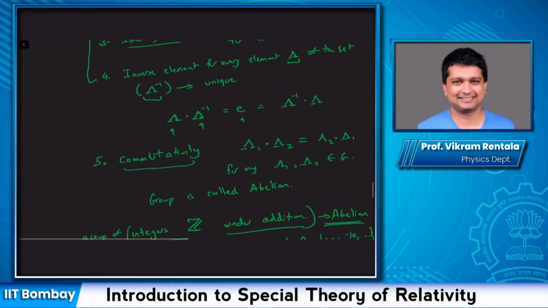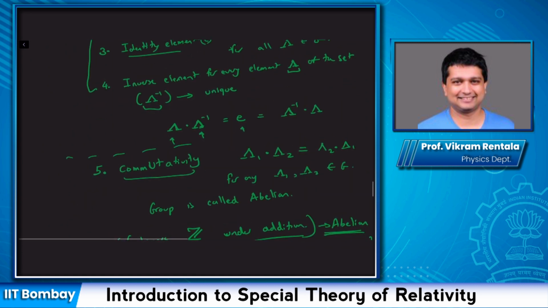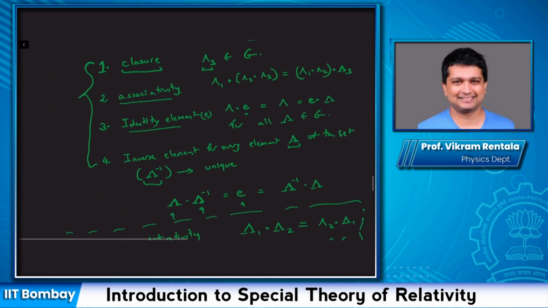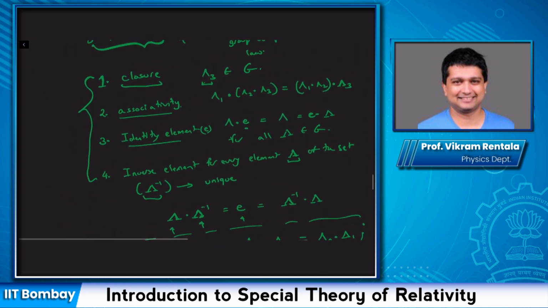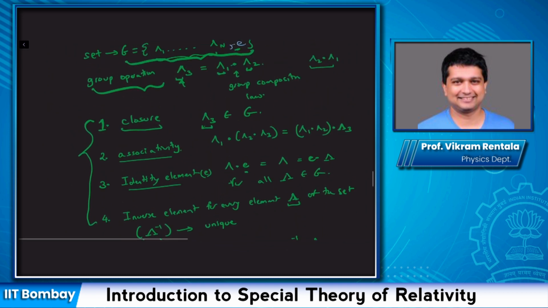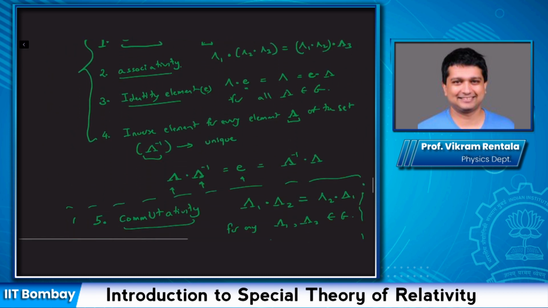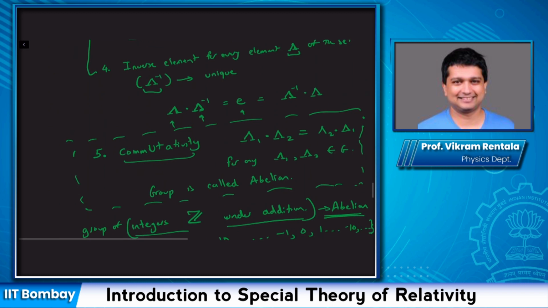But this is an additional property. This property of being abelian is not required for all groups. Groups are only required to satisfy the properties of closure, associativity, identity, and having an inverse element. Groups which do not satisfy commutativity are called non-abelian groups.